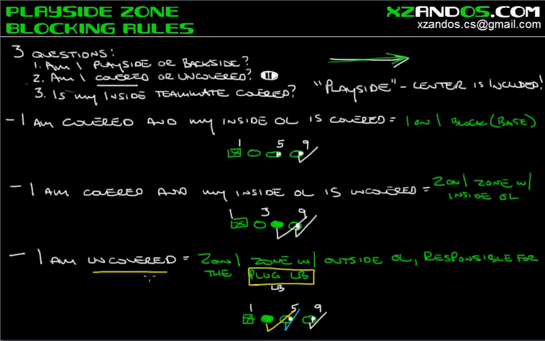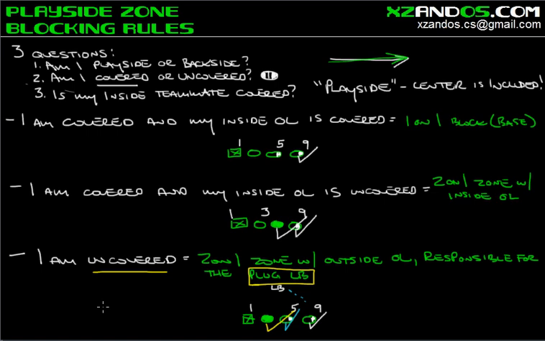But if that LB runs outside and he over pursues, or he pursues over the top, so let's say that LB comes out there. Once that 5 technique is overtaken by the guard, okay, the front side or the play side tackle would have to come out, and he would be responsible for that linebacker.